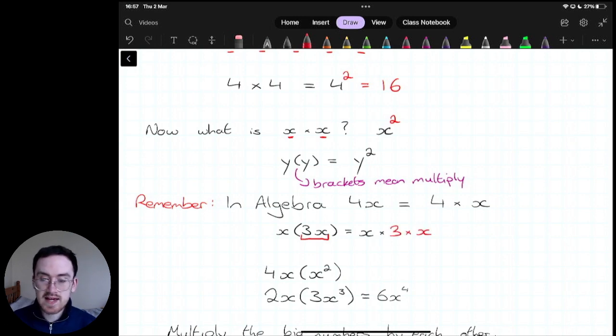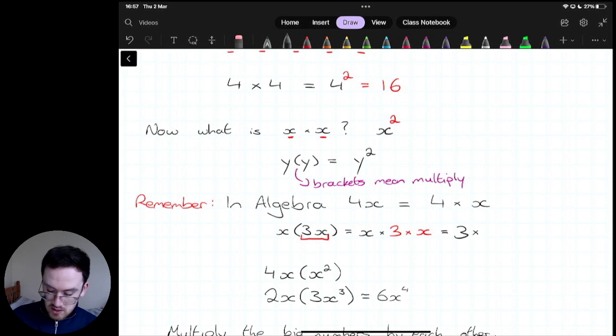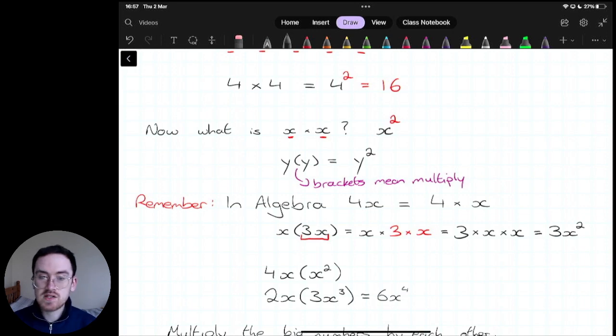Remember, 3x is the same as 3 multiplied by x. And we said in the last video we can change the order around, it doesn't matter, it gives us the same answer. We should know that x multiplied by x is x squared. So my overall answer becomes 3x squared.